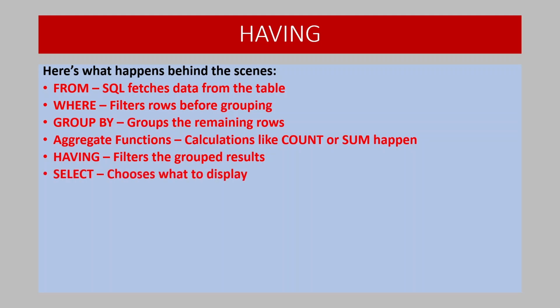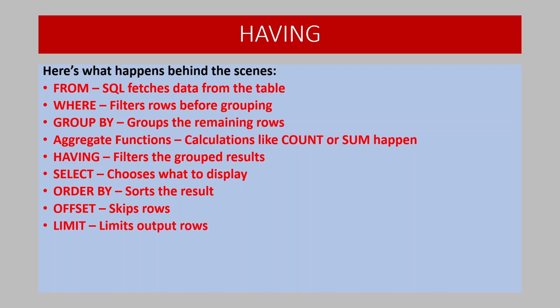Then at the end, the SELECT statement will be executed, which is basically to choose what to display. We don't want all the columns in the table to be displayed. We just want only the required columns which we have mentioned in the SELECT clause. Then it is followed by the ORDER BY clause, which is to sort the results. Then OFFSET for skipping rows, and LIMIT to limit the output rows.